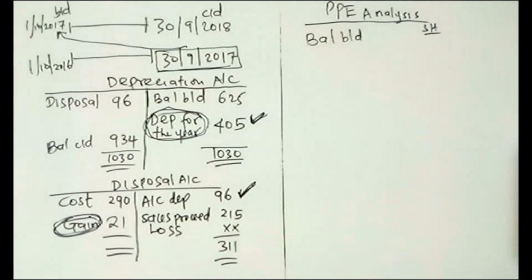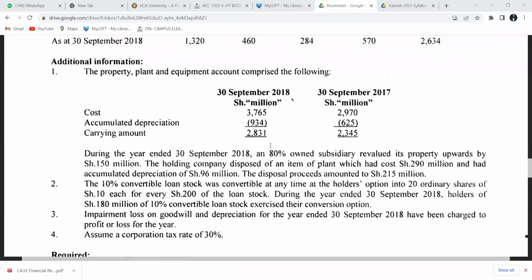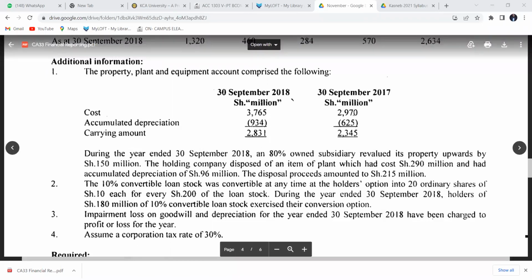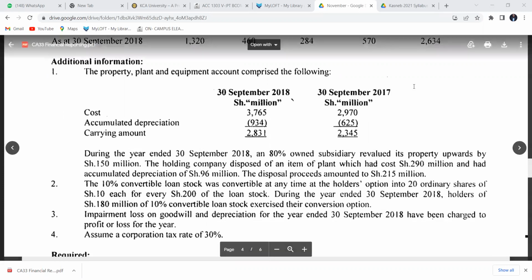Then to do your PPE analysis, you start from the balance brought down of the PPE, which I can say, using the cost approach, is 2970.